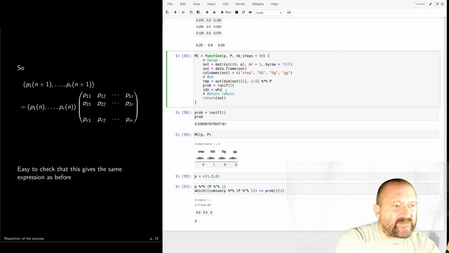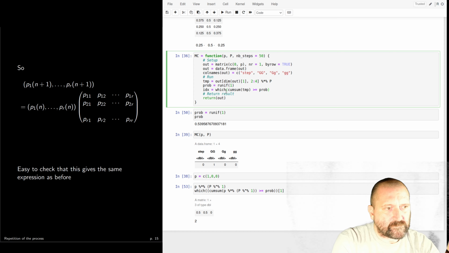which. So remember we computed this number already, which of the cumulative sum of temp is greater than or equal to the probability. So this is going to, and yes, I want the first of those entries.